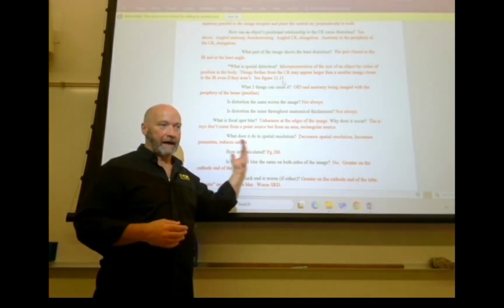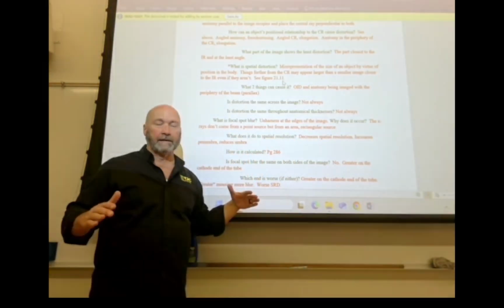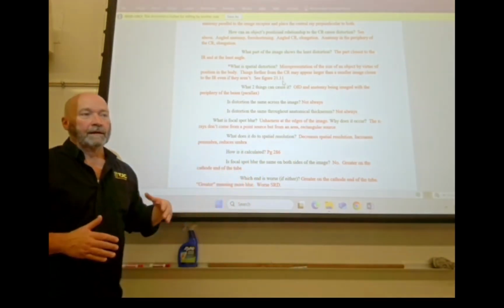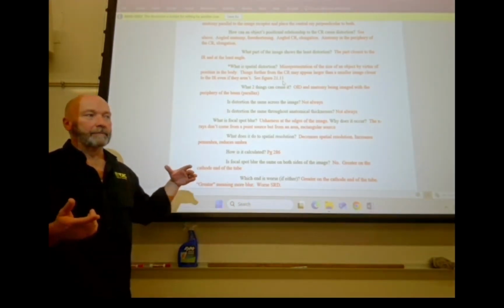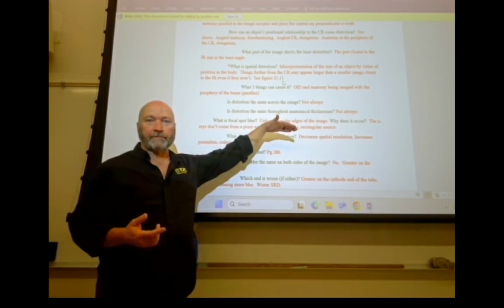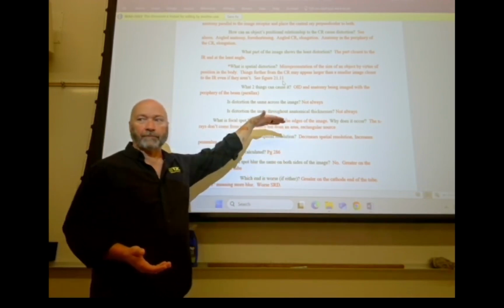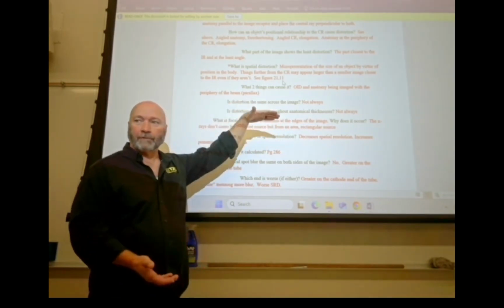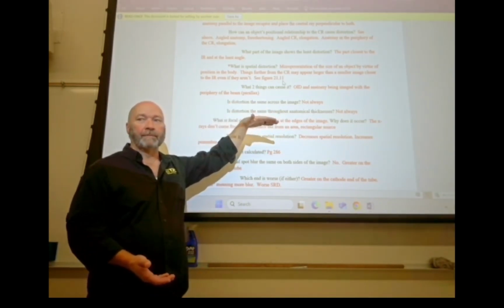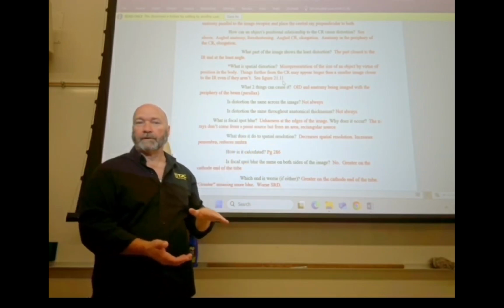One is it's out of the middle of the central ray, so we've got an angulation on the central ray, which gives us that parallax, right? And because of the increased magnification of the one that's further away from the image receptor, the one that's smaller and further away from the image receptor appears to be larger than the one that's closer.